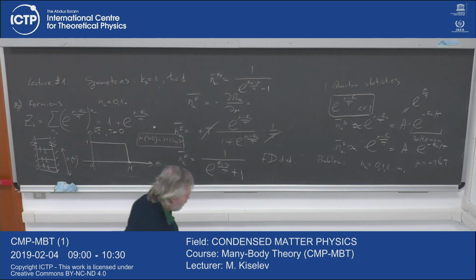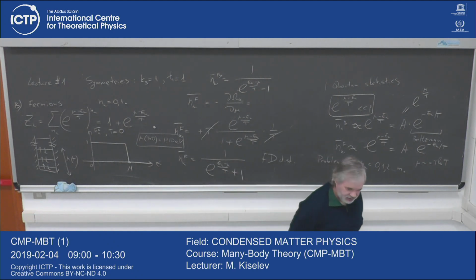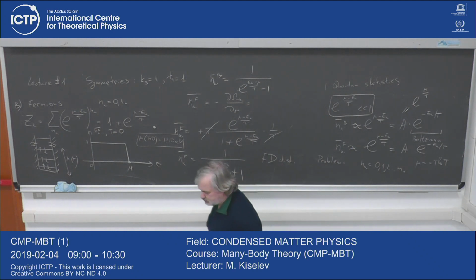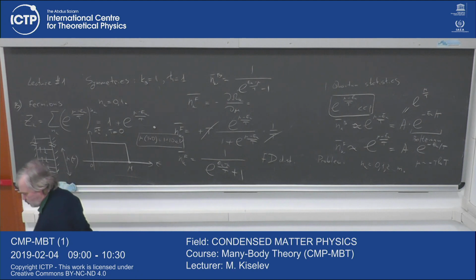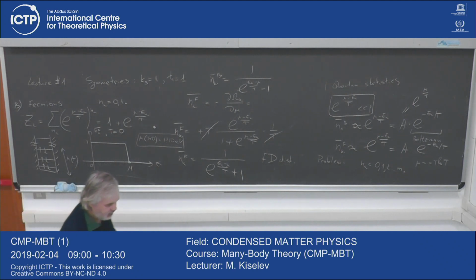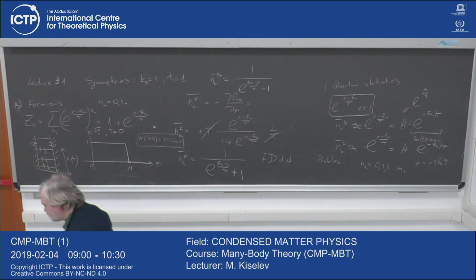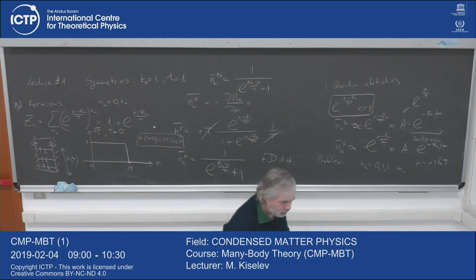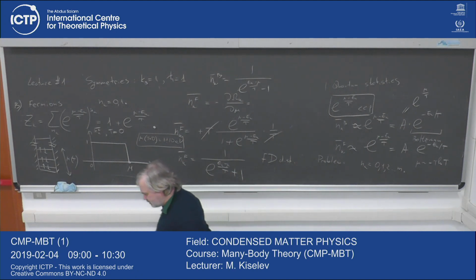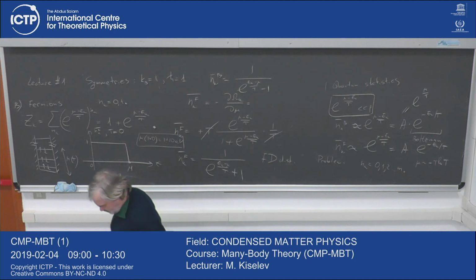On Wednesday what we do, the logic will be like this: we start with the ideal, namely non-interacting, Fermi gas, discuss the equation of state and thermodynamics, specific heat, and immediately proceed to the system of interacting fermions, inventing a phenomenological approach known as Fermi liquid theory, with the idea to map the system of interacting fermions to a system of non-interacting fermions, to see similarities in the ground state and in the distribution function, and also see how the effects of interaction can be encoded into two independent parameters, effective mass and the jump of the Fermi distribution function.